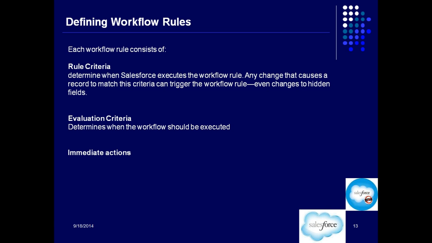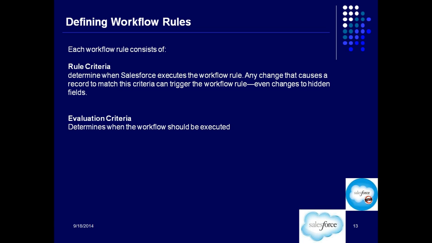And then the actions. But before actions, understand the difference between rule criteria and evaluation criteria. Evaluation criteria is when do you want the rule to be evaluated? Do you want the rule to be evaluated when a record is being created, or do you want the rule to be evaluated when a record is being updated? Okay. So that is the evaluation criteria.